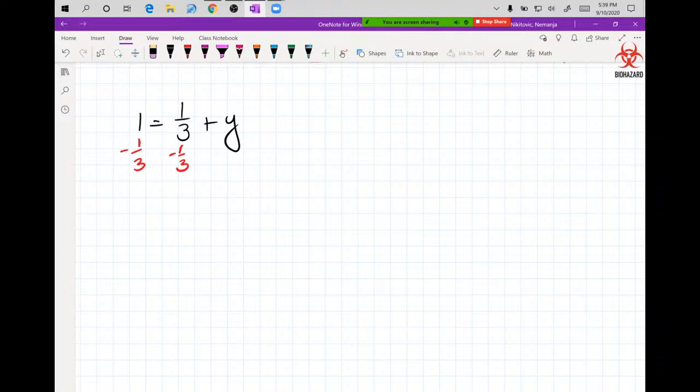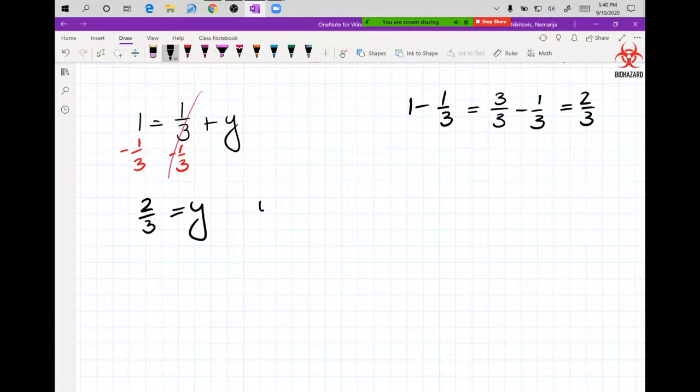Use the same number with the opposite sign, then they cancel, and we have to compute 1 minus 1/3. Now how do we do that? Did I hear common denominator? Okay. So 3 over 3 minus 1 over 3, which is 2/3. So we'll say y equals 2/3.